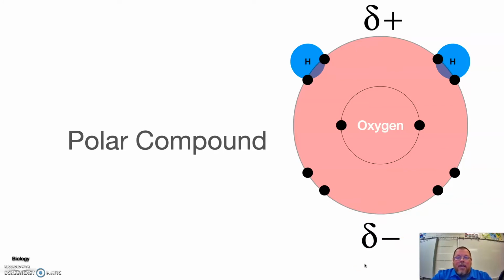You can think of it this way: the oxygen atom is a lot larger, and so these electrons, as they spin around this shell, are going to spend more time with the oxygen atom. On the other hand, since the hydrogen atoms are much smaller, the electrons, which are negatively charged, are going to be spending more time with the oxygen, less time with the hydrogen, therefore making the hydrogen end more positive.